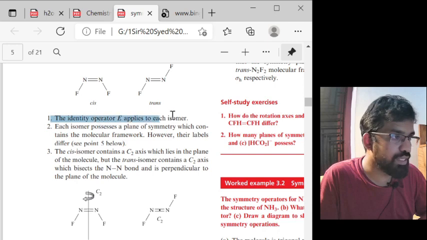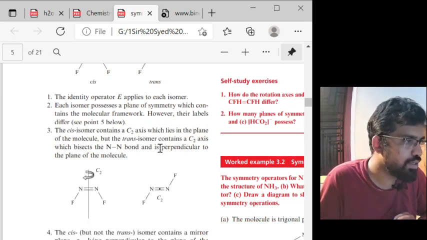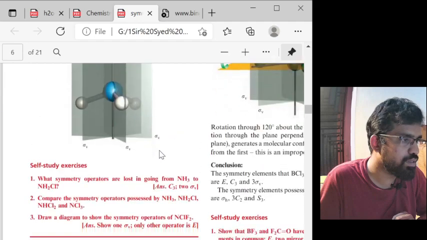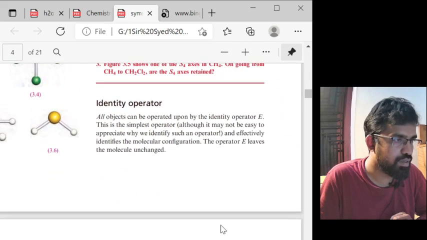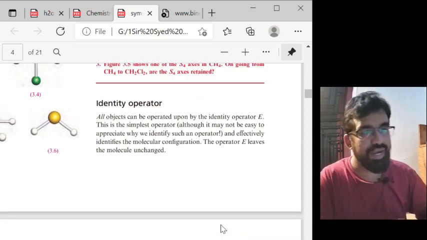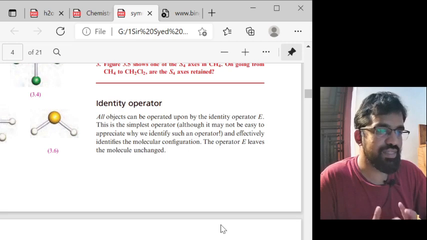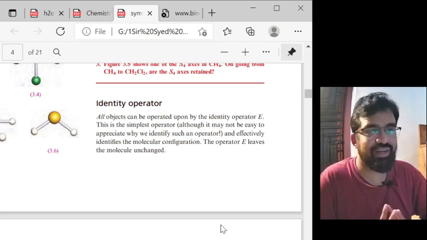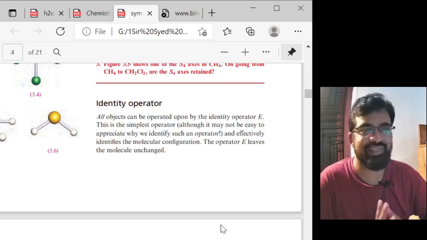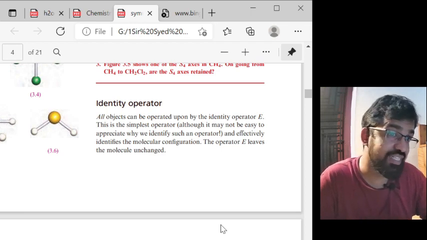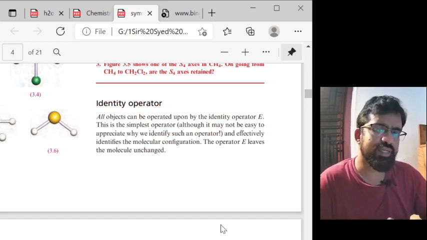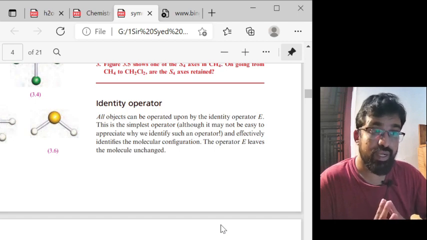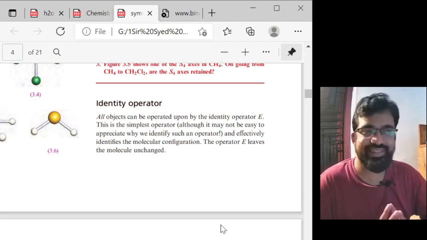So the identity operation E appears when Cn raised to n is an identity operation. That is, C2 squared is an identity operation, C3 cubed is an identity operation, sigma squared is an identity operation, and I squared is an identity operation.